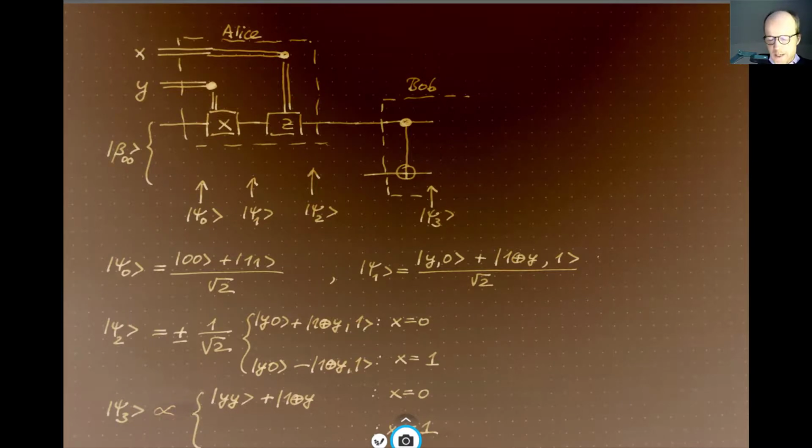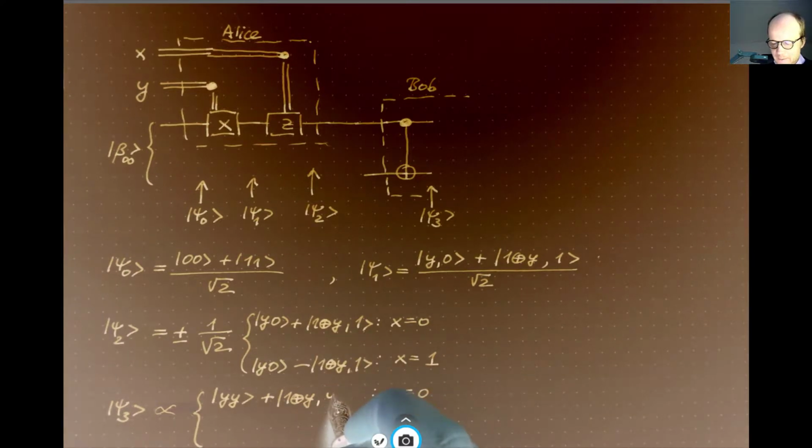So we can say this 1 becomes 1 plus y mod 2. But 1 plus 1 mod 2 is 0. So this becomes effectively y.